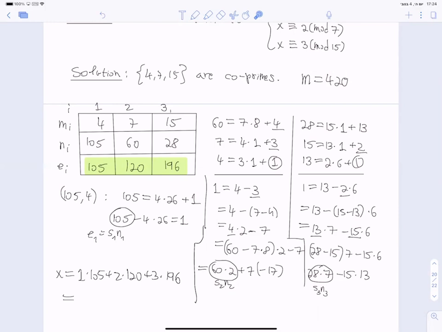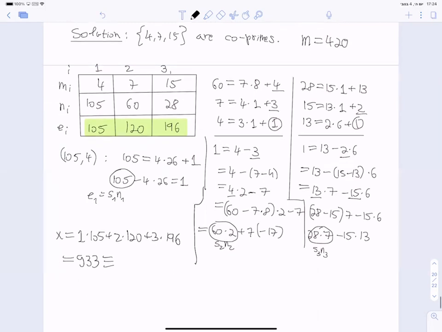So I remove twice, I mean 840, and this is the solution. Okay, so this is x.